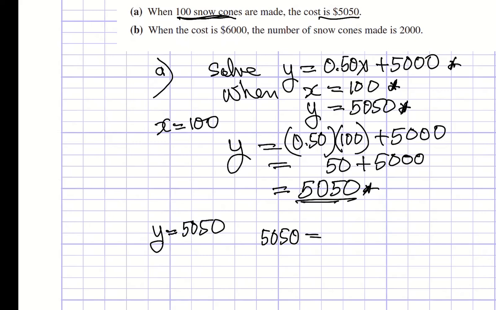Let me see. 5,050 is equal to 0.5x plus 5,000. So you solve for x. That x should be 100, but it's okay. Since I already started solving it, let's solve it.